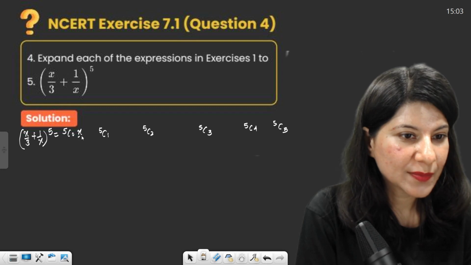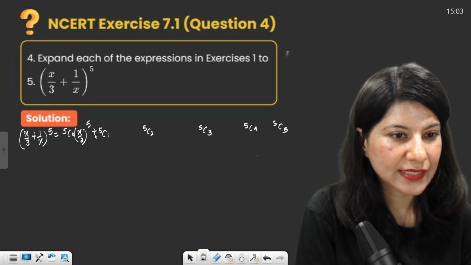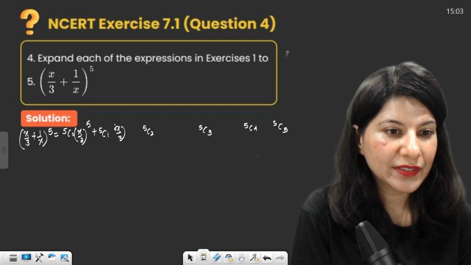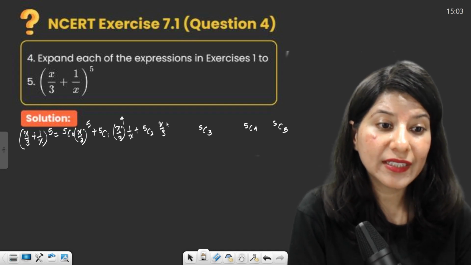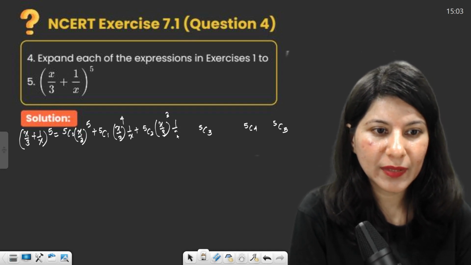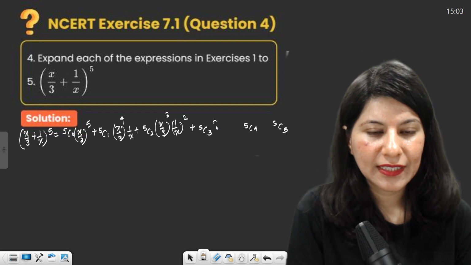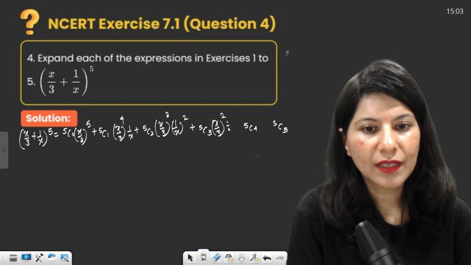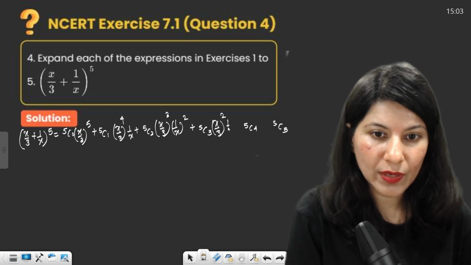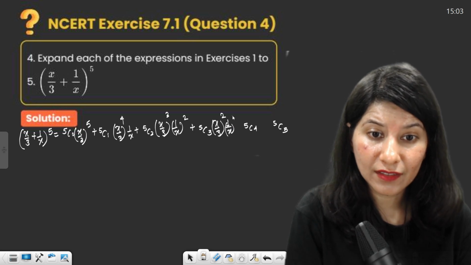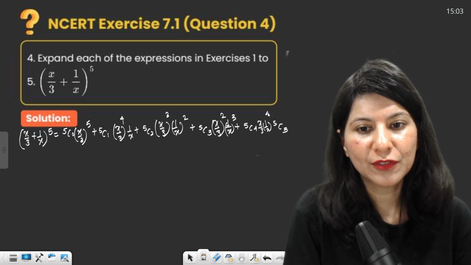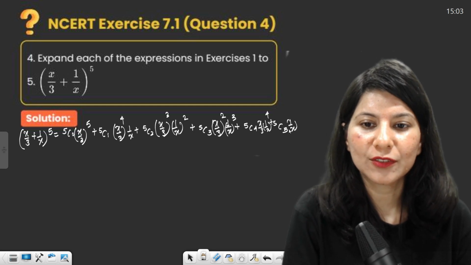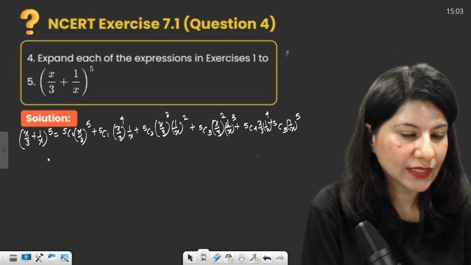So this is going to be x by 3 raised to power 5 plus x by 3 power 4 1 by x plus x by 3 cube 1 by x square plus x by 3 square 1 by x cube plus x by 3 1 by x power 4 plus 1 by x raised to power 5. Perfect. Okay. Solve it.